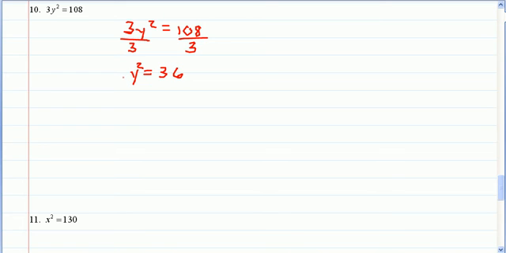Now that we have y squared by itself, we take the square root of both sides because the square and a square root are opposites, and we're left with just y equals the square root of 36. 36 is 6 times 6, but because this is an equation, we can't just say y equals 6, we want to say plus or minus 6.